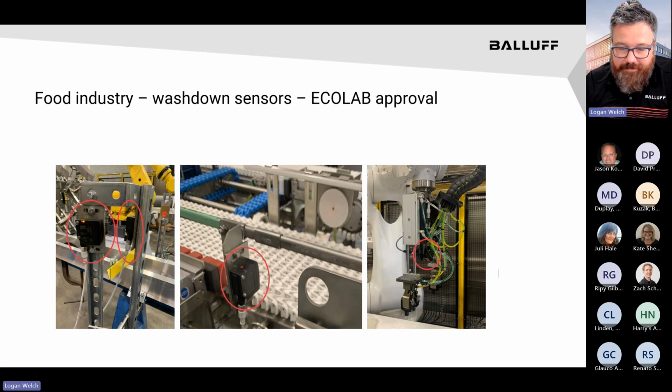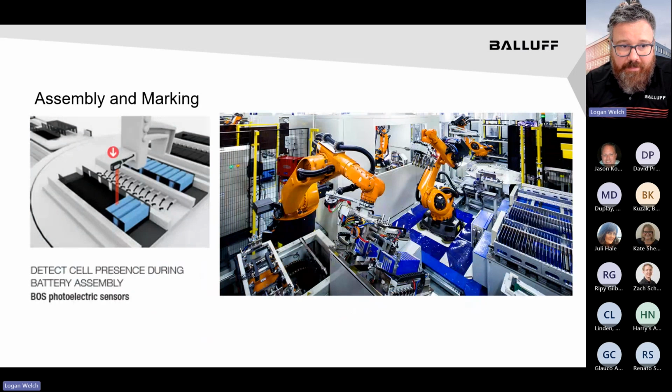down and food industry. Assembly and marking, again, this is where we deal a lot with robotics, and again, the photoelectric sensors are just like the bread and butter of automation. It's the nervous system, if you will, of the assembly line, because it's telling you what's going on.